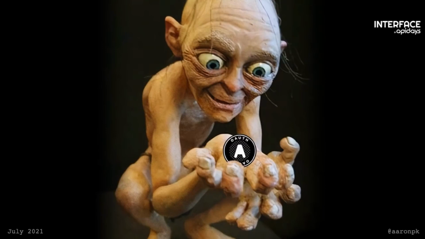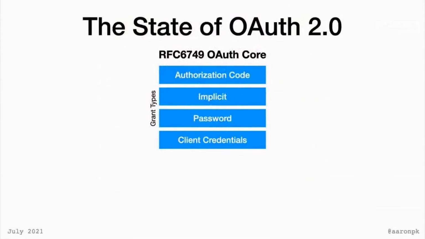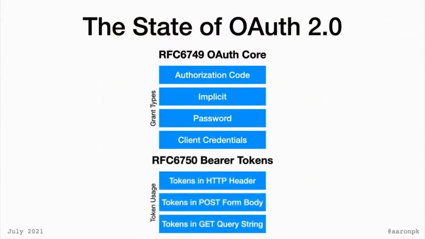That key card does not necessarily represent you as a person. It represents that you can access certain resources in the hotel. So that is actually documented in a separate RFC, the idea of a bearer token, where if you are in possession of this token, you can use it. So that RFC talks about various ways to use the token, for example, in an HTTP header or in a form post body or in a query string.